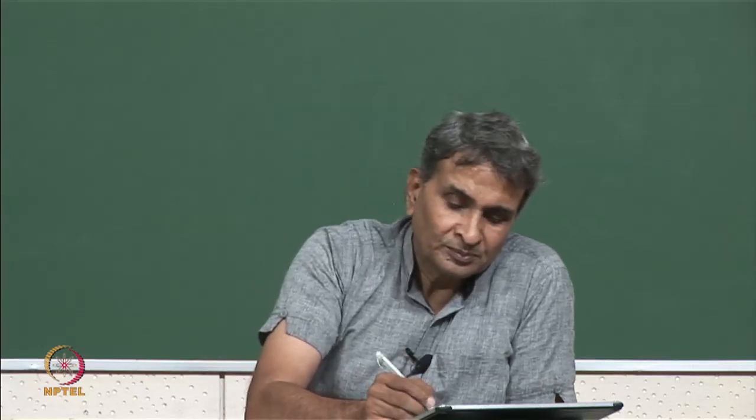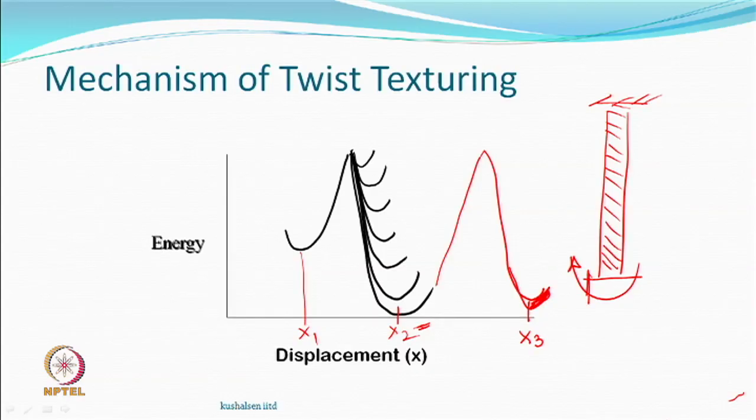For that to happen, you may have to have a situation where not only this is fixed, this is also fixed, and maybe there is another fixture, and the yarn is held here, and you have a mechanism to rotate only the inner part and then leave it, then this might come back.